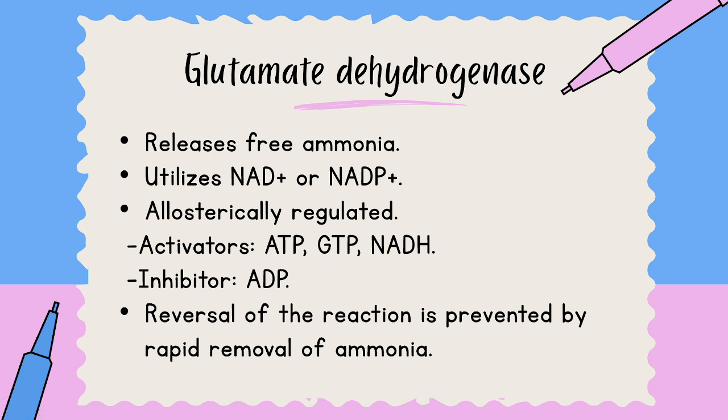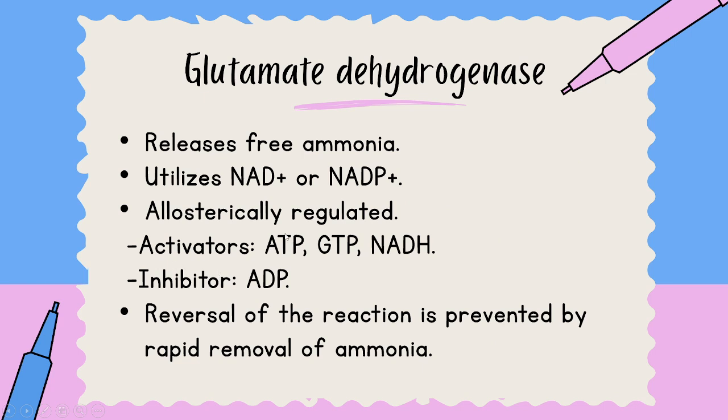Glutamate dehydrogenase releases the amino group as free ammonia. It is unique in the sense that it can use either NAD or NADP as a coenzyme. It is allosterically regulated.